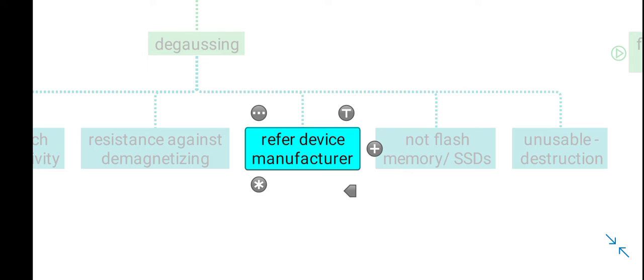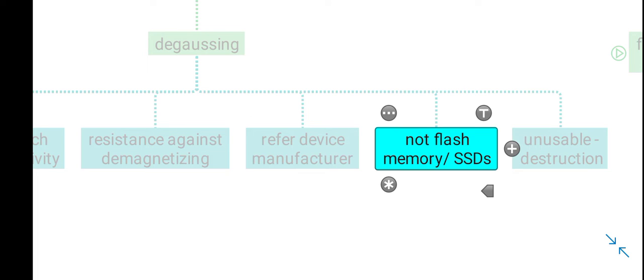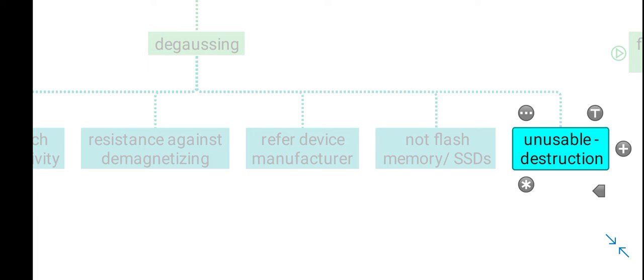Furthermore, this technique cannot be used on flash memory or SSDs, and it is a kind of destruction sometimes, because if the degausser strength is very high, then it can destroy the media as well.